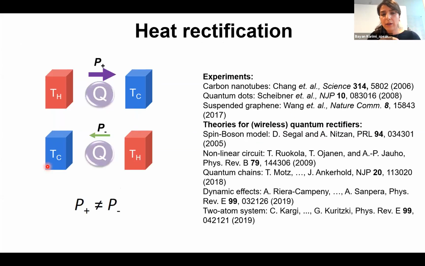Okay, but let's go back to the simple setup that we have: a quantum system in between two reservoirs. The question is, if we bias the temperature differently between the two reservoirs, will the power that goes from one side to the other be equal?